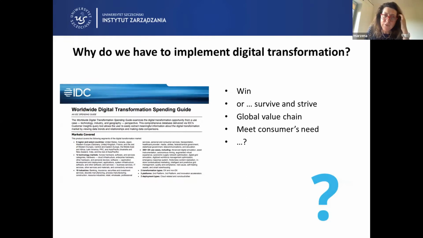So we have an important question: why do we have to implement digital transformation? It's not an obvious question, especially for industrial managers, because as you will see, digital transformation is a kind of disruption.